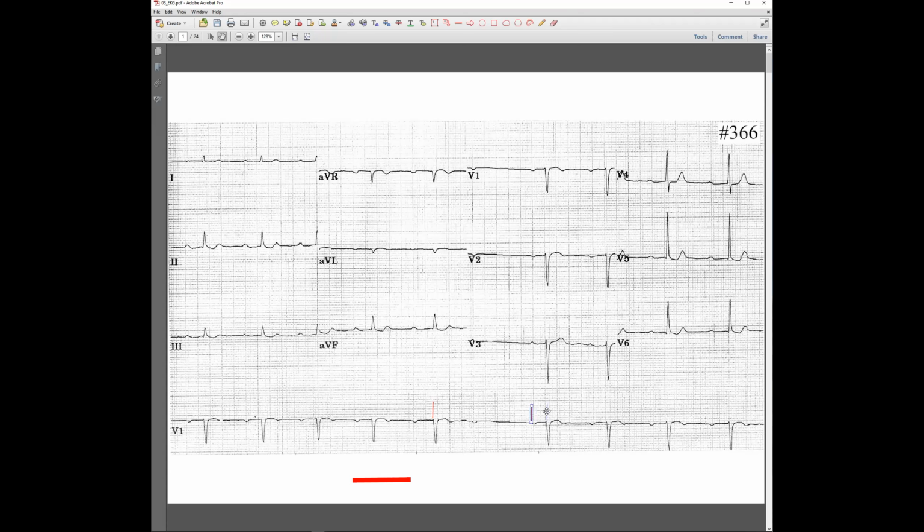What do you think? Are they equal? No, they're not equal. So what does it mean? It's a progressive lengthening, so that's a second degree AV block, Mobitz type 1.